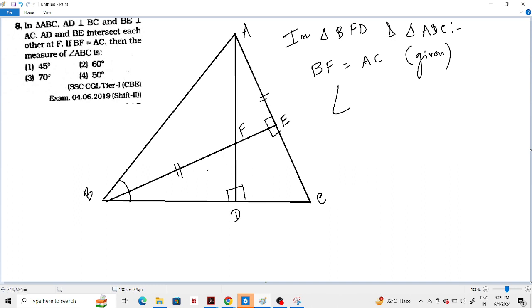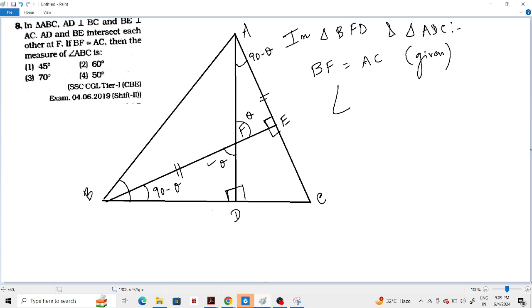You see in this particular triangle, that is this one, BFD, this is 90 degrees. Let us take this one as theta. This one will be 90 minus theta. If this is theta, this one will become theta. Since this is 90 degrees, this one will become 90 minus theta.